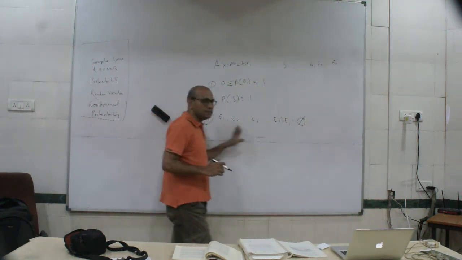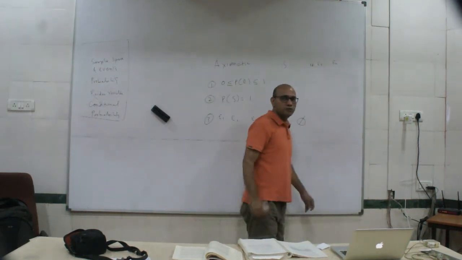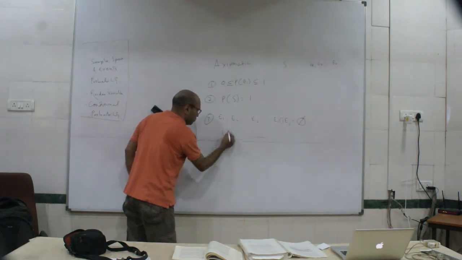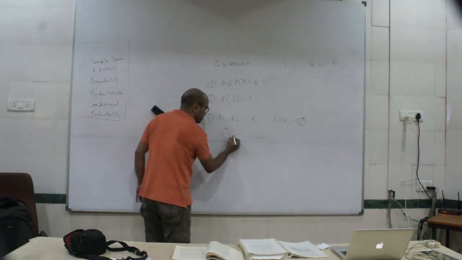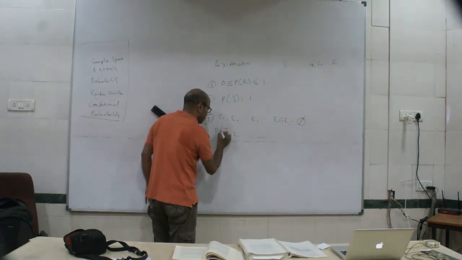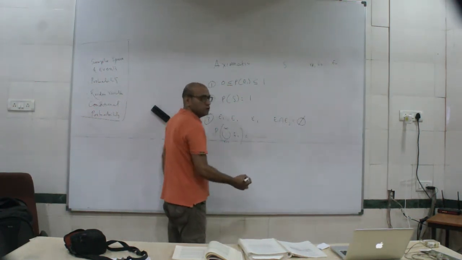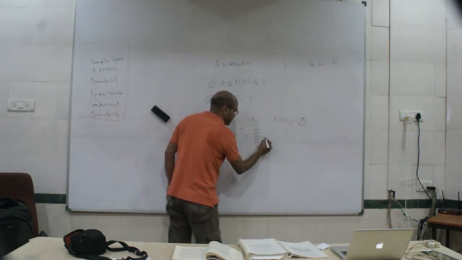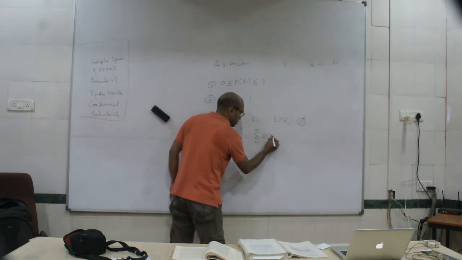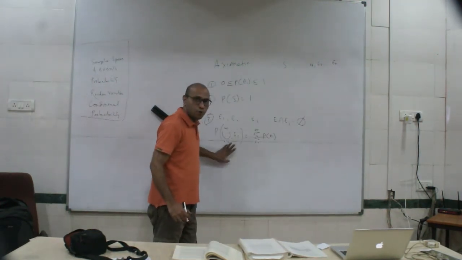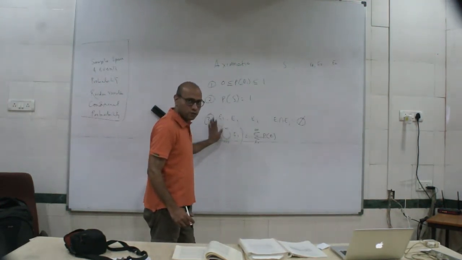So if events are mutually exclusive, then the probability of the union of these events, i equal to 1 to infinity of Ei, is equal to the summation of i equal to 1 to infinity of the probability of Ei. I take single events if I am doing the probability of union.